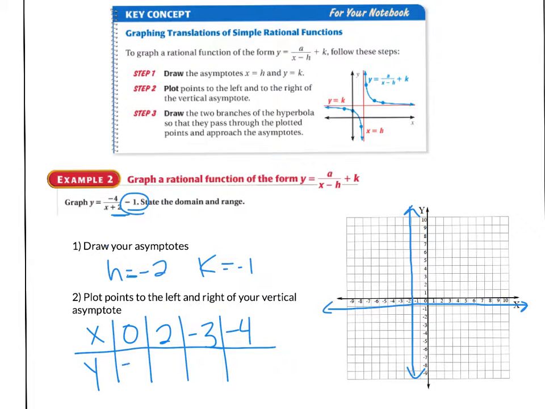And then my outputs, when you plug these values into the original equation, and it is the whole equation here, you're going to get these outputs. And then go ahead and plot those on your graph, and then connect your dots and make your curves approach the asymptotes. And there is your hyperbola using the transformation equation.